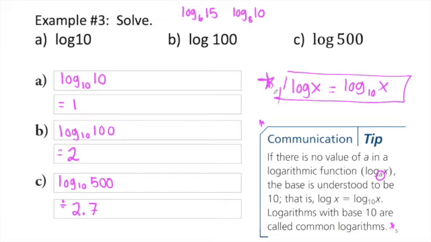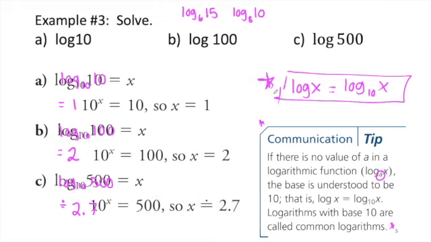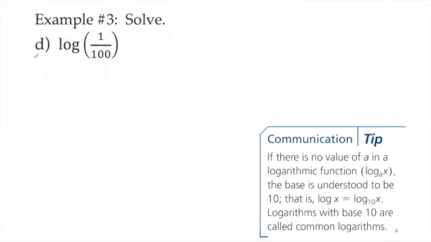Okay, so another example: log of 1 over 100. That is like saying log base 10 of 1 over 100, or you could plug log of 1 over 100 into your calculator.